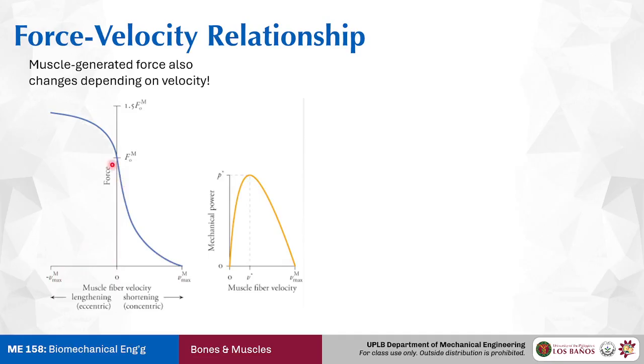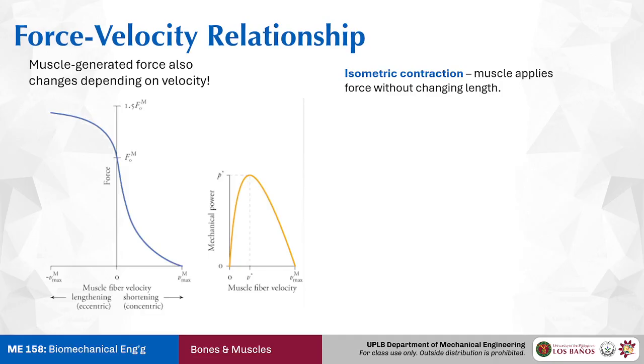Now in the middle, you see that there's a non-zero value. You can think of this as the muscle exerting a lot of pulling force, but the muscle is neither extending nor contracting. This is what we call isometric contraction. The muscle is attempting to contract, but its length is not changing. So you can think of it as, let's say you're in a gym.